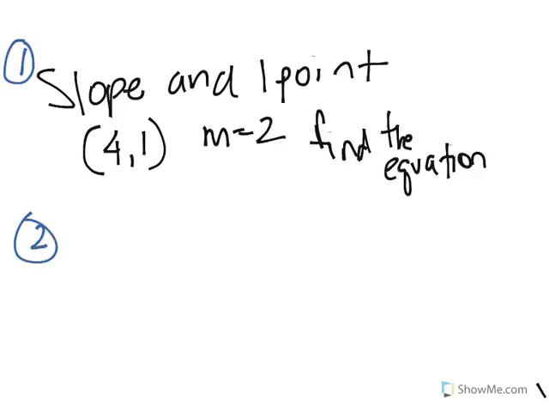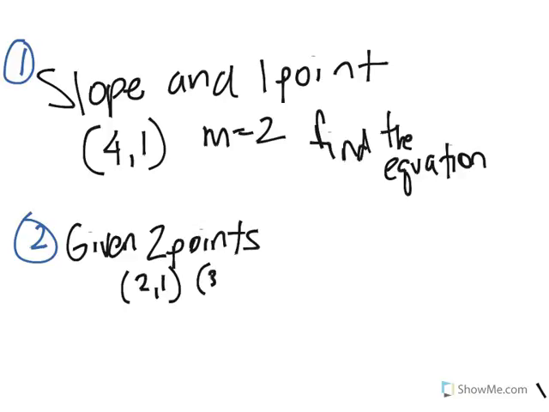Second type of slope problem you're probably going to get is you'll be given 2 points. So let's say you're given (2, 1) and (3, 3). And the question tells you to find the equation.